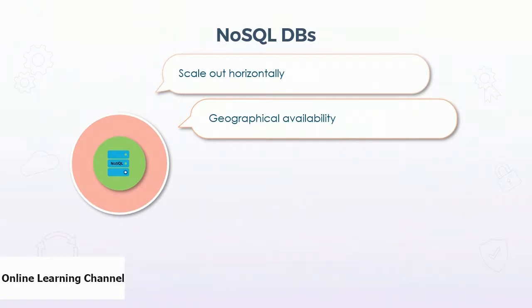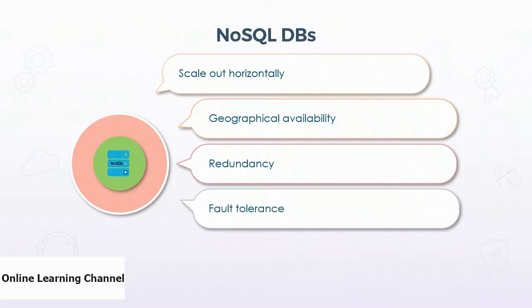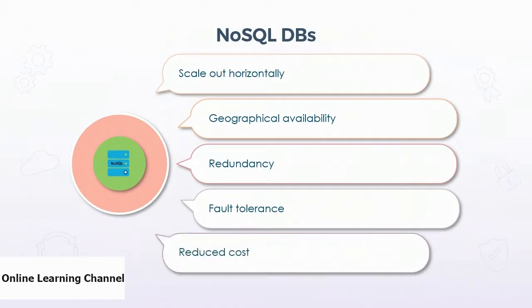This also allows for massive redundancy, meaning that there are many copies of the data in different server locations. Redundancy leads to fault tolerance, since when a database fails, the system can fail over to another database. All of this comes at a reduced cost compared to what it costs for relational databases to be implemented in a similar distributed manner.